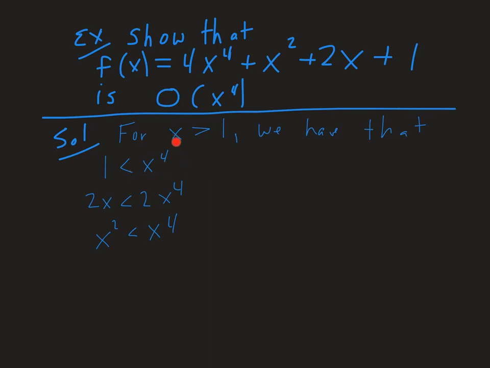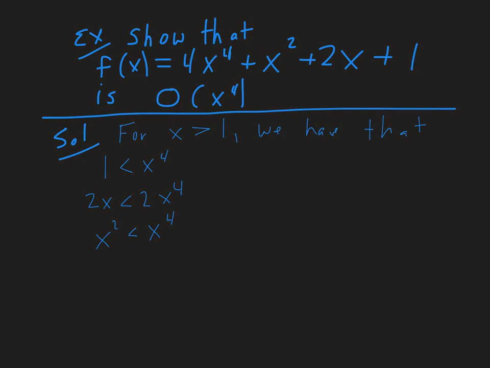So these higher degree polynomials are bigger than the graph of 1. Also, x to the fourth is a bigger function than x, so 2 times x is smaller than 2 times x to the fourth. And x squared is smaller than x to the fourth. And I just realized that kind of looks like I wrote x4, so let me fix that. That should be x squared is less than x to the fourth there. I think that looks a little bit better.